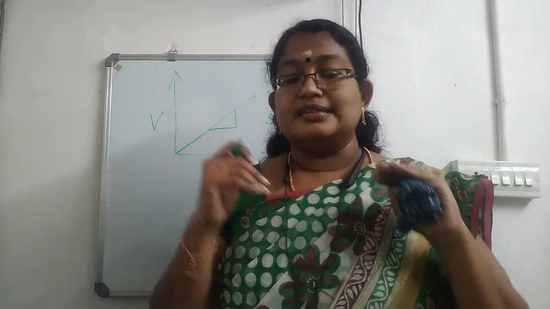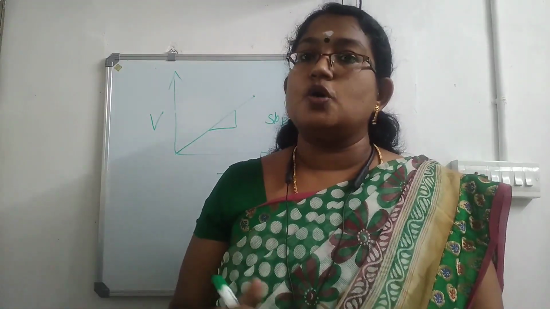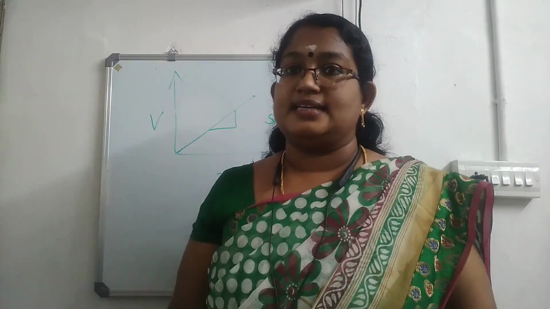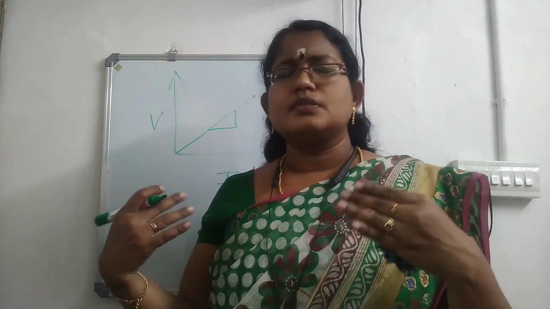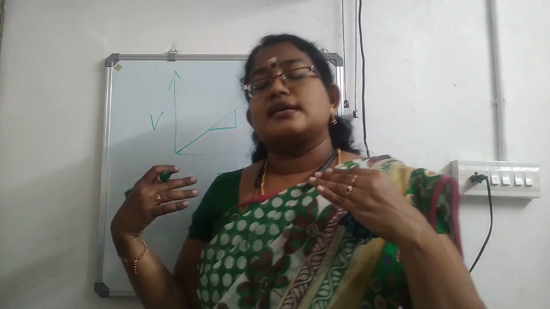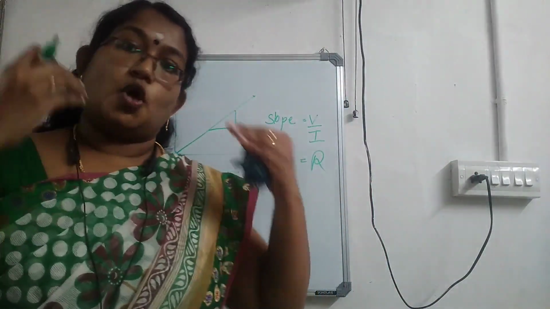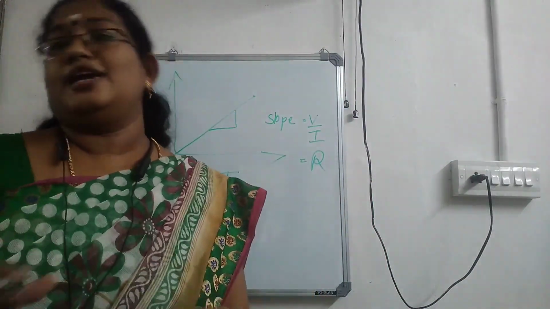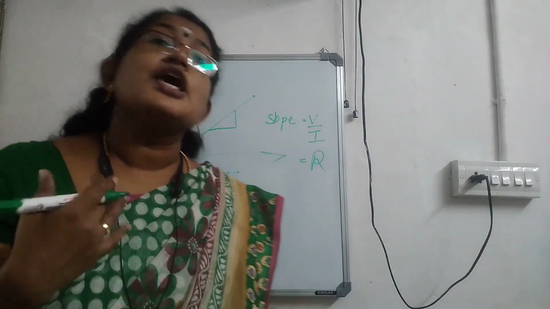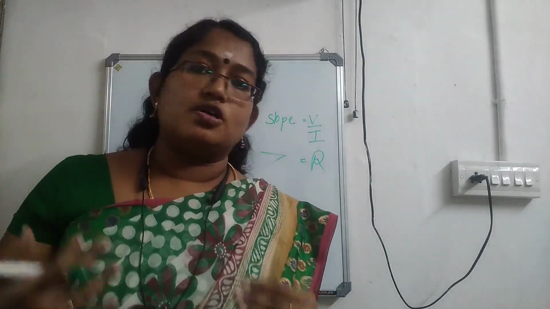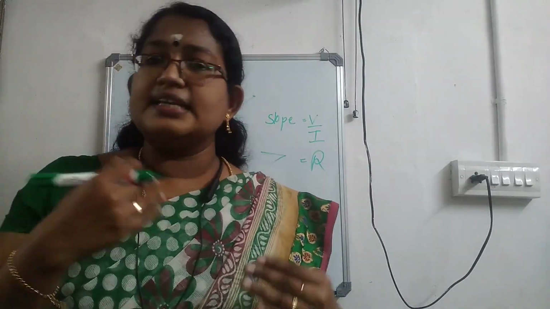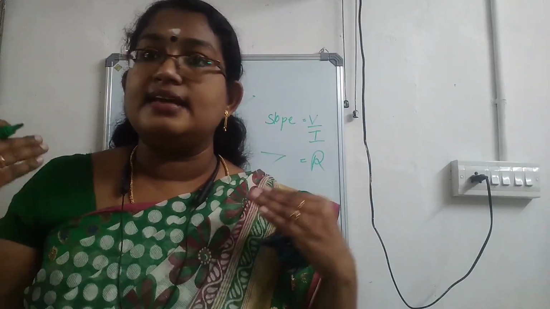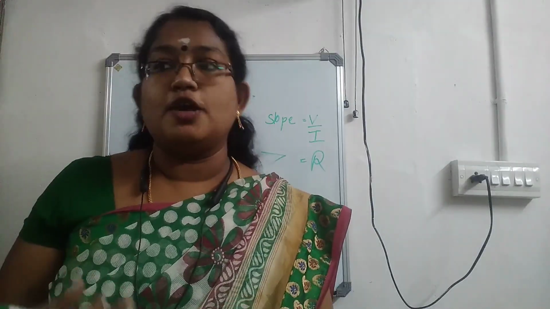So the conductors which obey Ohm's law can be called ohmic conductors. Example, metals. Then the conductors or resistors or substances which do not obey Ohm's law can be called non-ohmic conductors or resistors. In the case of diode, LED, etc., they won't obey Ohm's law.